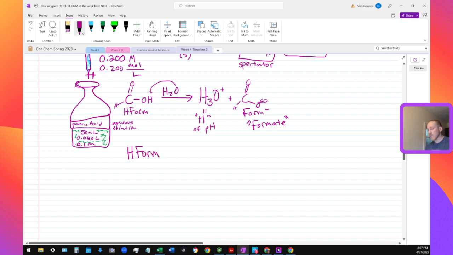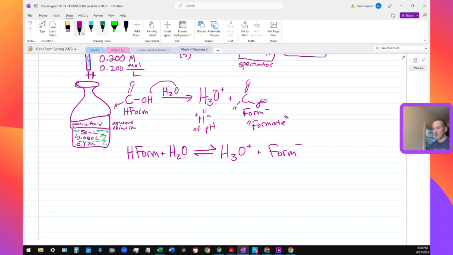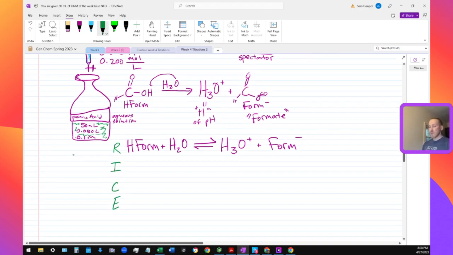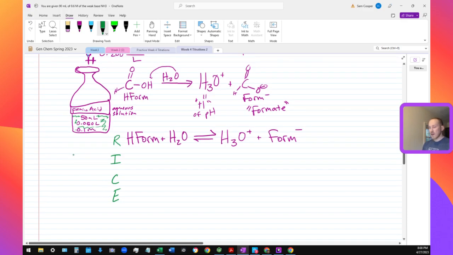I'm going to write this one more time, which upon combining with water will create hydronium ion and formate. And if we wanted to find stuff out about the pH later, a rice table based on this equation would be exactly the thing that we need.